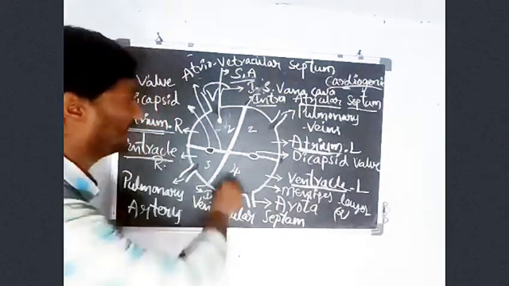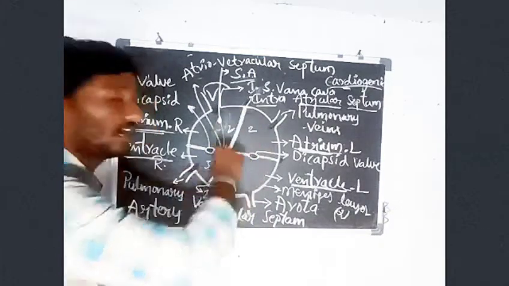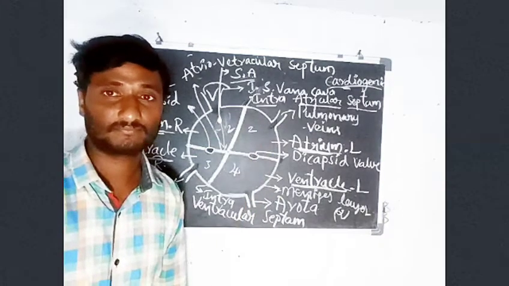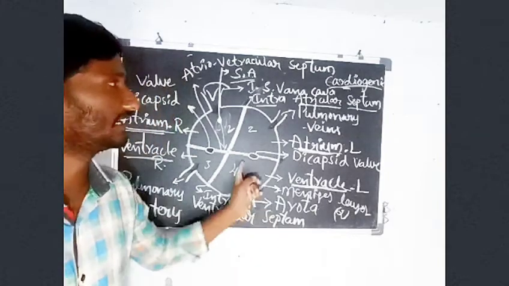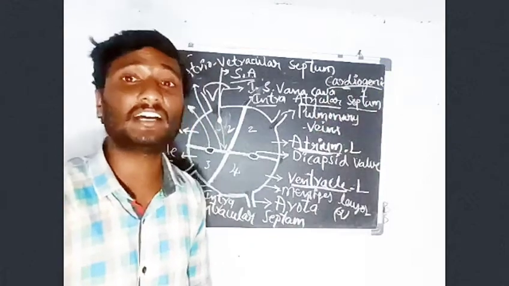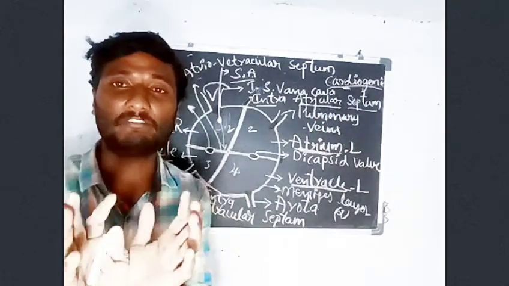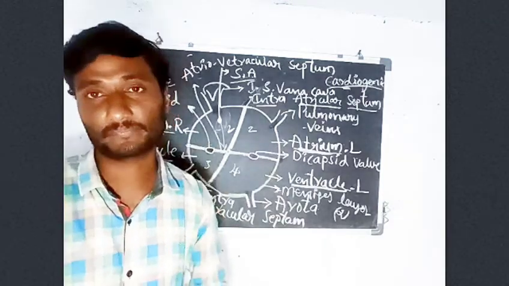Those electrical waves spread in the heart. That's why we call our heart a cardiogenic heart. There is no involvement of any other system.